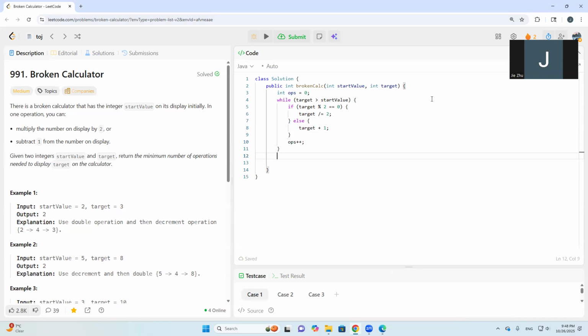When we jump out of the while loop, the start will be greater than or equal to the target, so we'll never use the decrease operator anymore, right? So what we return is ops plus start value minus target.